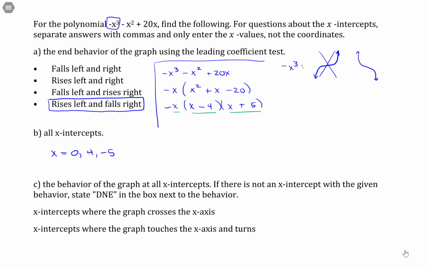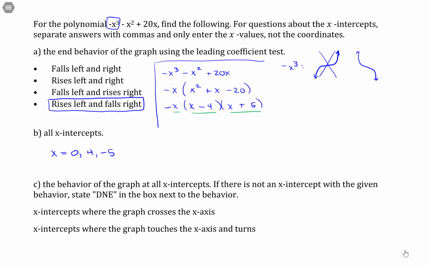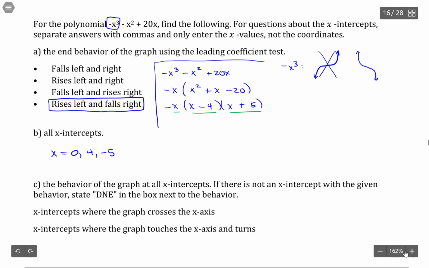Next, we want the behavior of the graph at the intercepts. So let's list the intercepts where the graph crosses the x-axis. So the graph crosses the x-axis whenever we have a multiplicity 1 zero. And all of these are multiplicity 1 zeros because we didn't have any exponents on these factors.